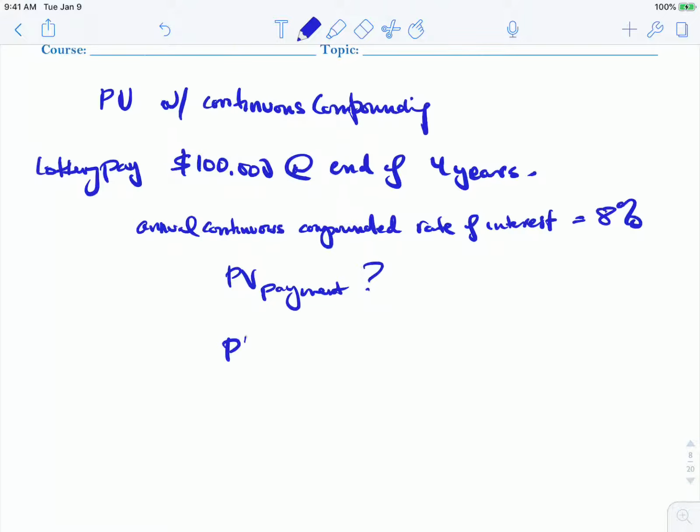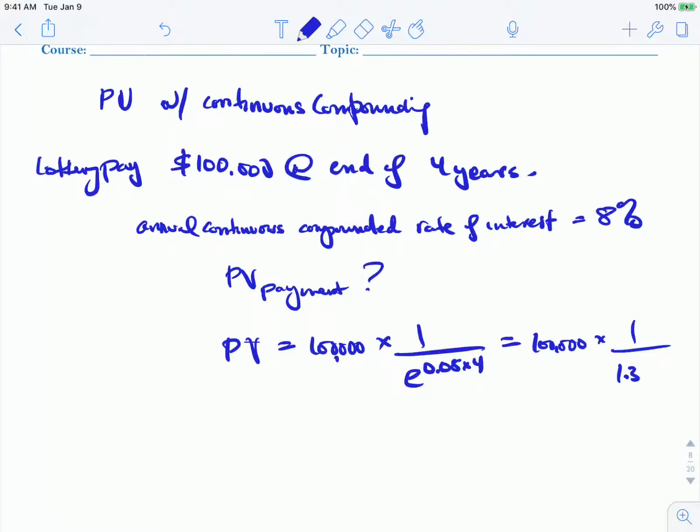So PV is equal to 100,000 times 1 over e to the 0.08 times 4 years, which is equal to 100,000 times a factor of 0.7261, which is equal to a present value of 72,616. That ends continuous compounding.